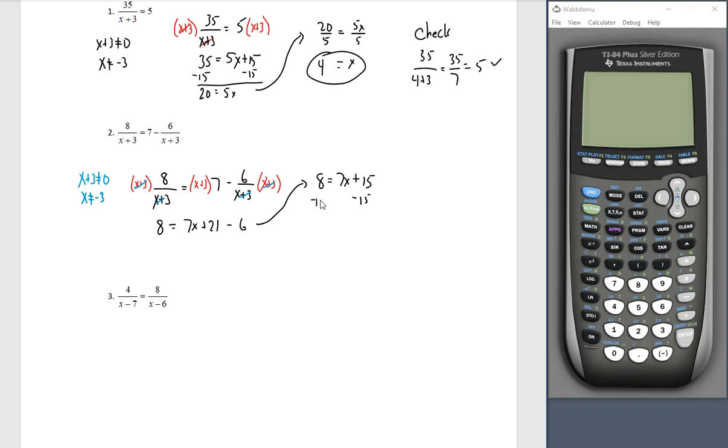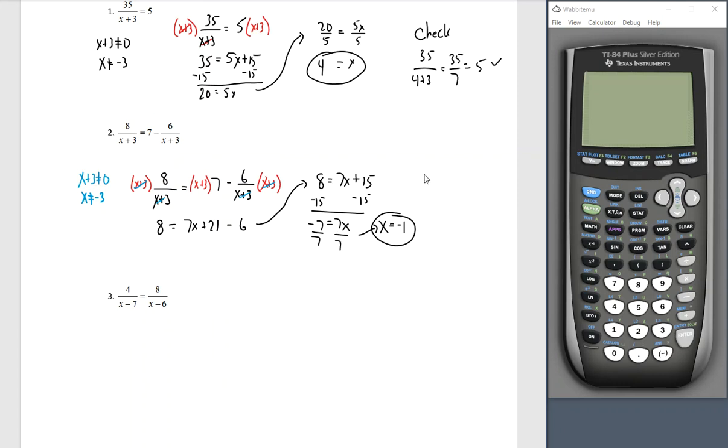Let's subtract 15 from both sides. Negative 7 equals 7x, we'll divide both sides by 7. X equals negative 1. Negative 1 is not negative 3, so it probably works out.